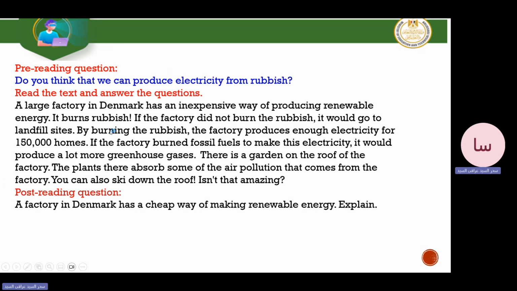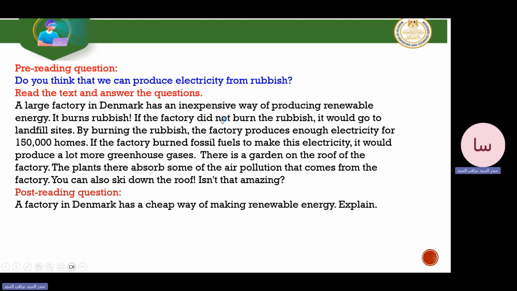A large factory in Denmark has an inexpensive way of producing renewable energy. What do we mean by inexpensive? Not expensive, or poor, or cheap way. How did they produce renewable energy? Through burning rubbish.